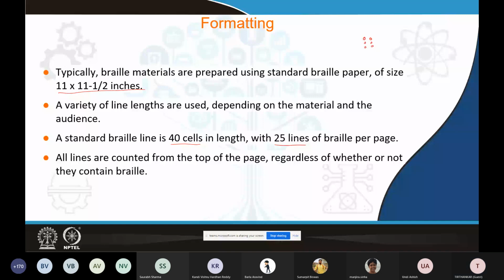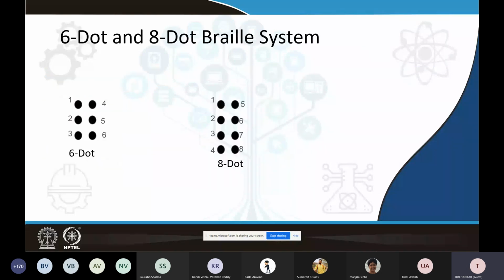There are issues related to hyperlinks, and there are many other challenges for which utilizing these 6 dots creates a lot of problems. Now, one solution for these problems is that rather than keeping the 6-dot convention, we can have 8 dots.